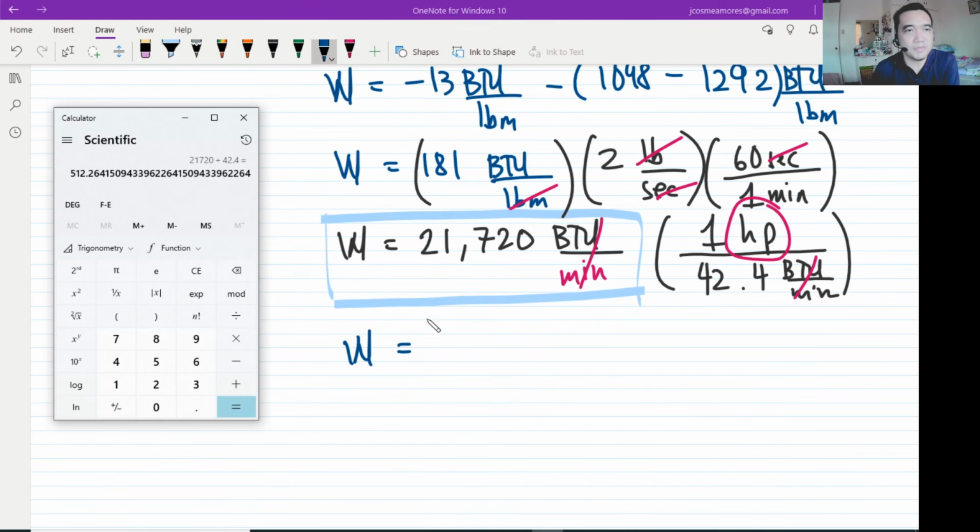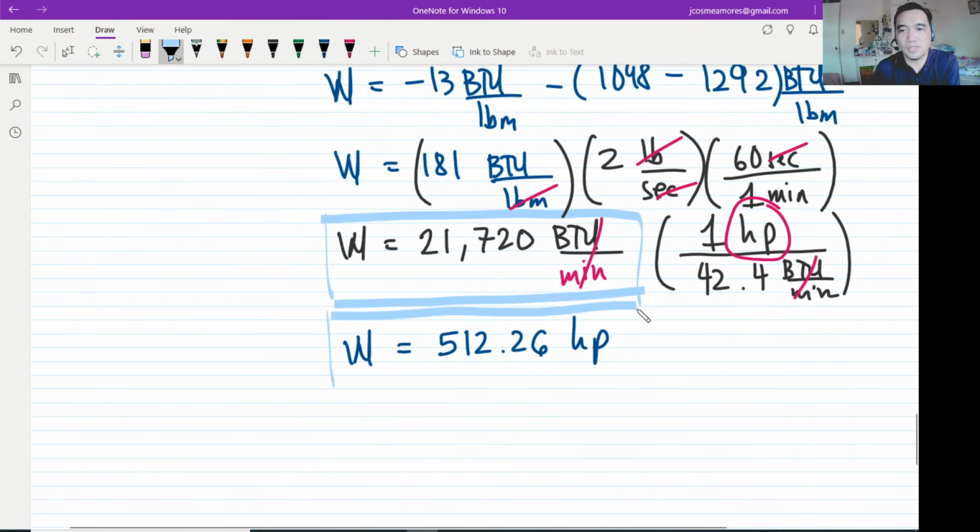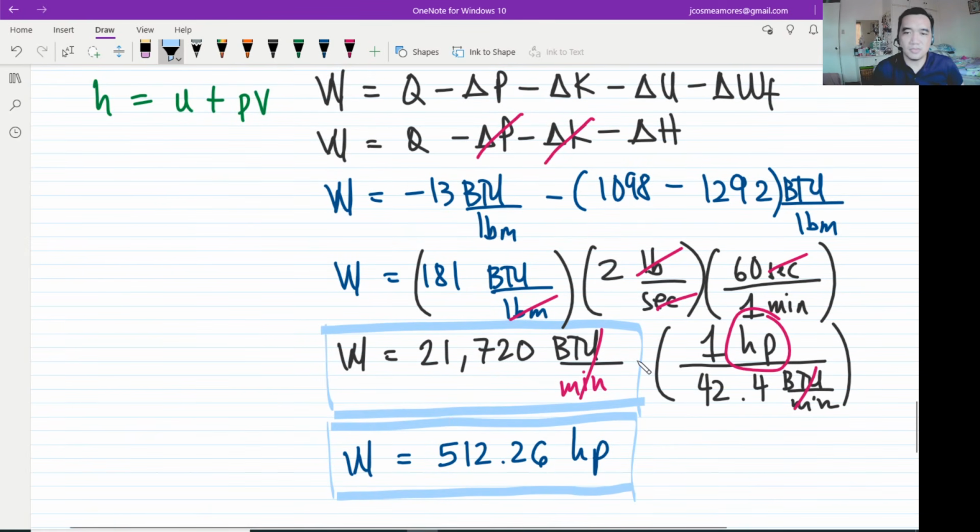So the answer is 512.26 horsepower. So the work is done by the system, or the work is done by the turbine. In other words, a turbine generates power of 512.26 horsepower.